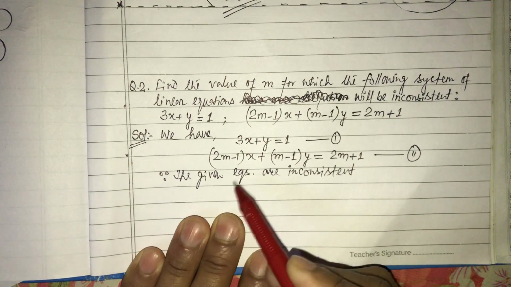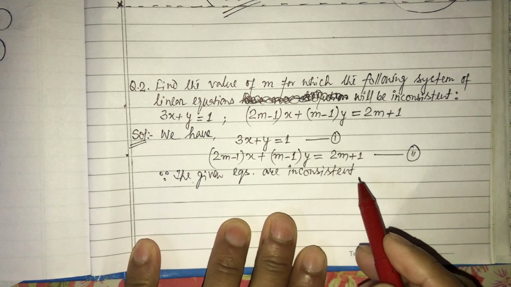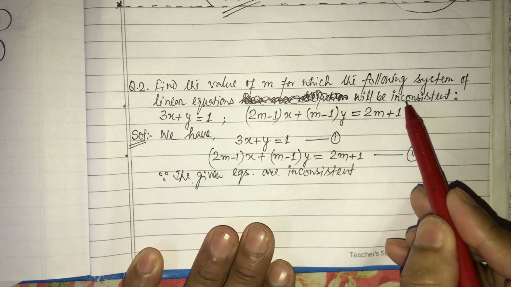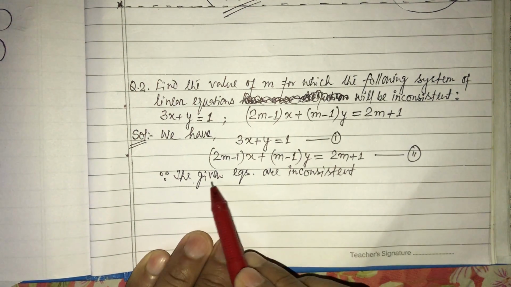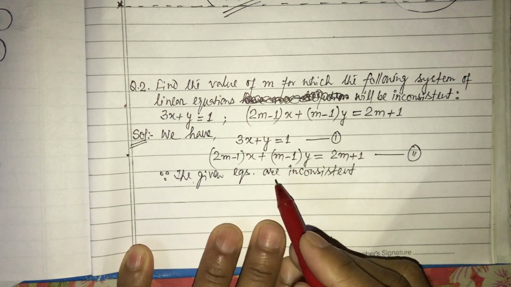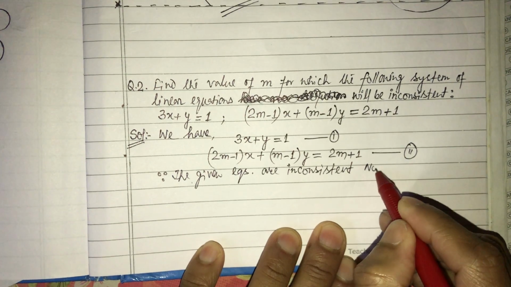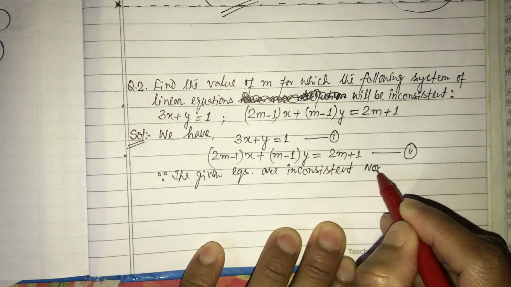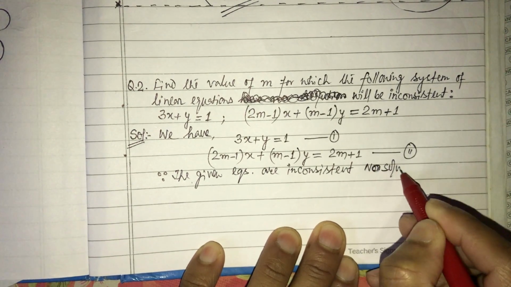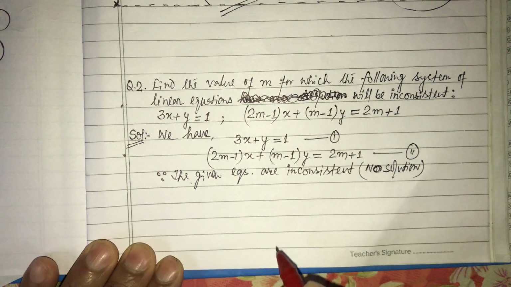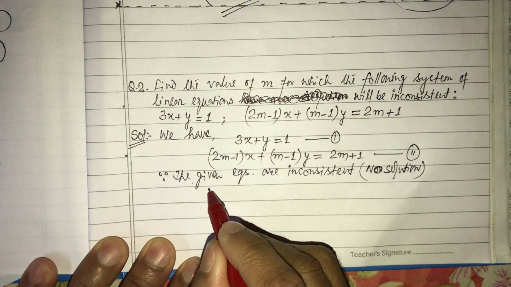Here we will not write the given equations will have inconsistent, because accordingly the term which we are using, the way of writing will change. The given equations are inconsistent, meaning no solution. So we can write here no solution in bracket. So this is the condition.